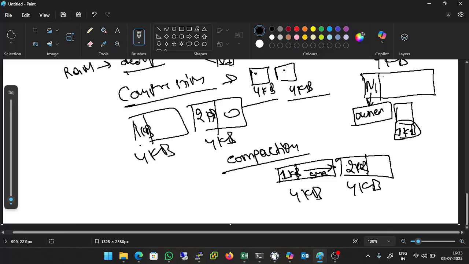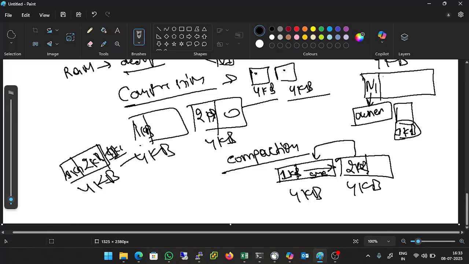What compaction does is insert this data inside the first block, making it a single 4 KB block. My data is 1 KB and 2 KB, and still 1 KB is left. So this is what compaction means, which runs after the compression, and compression runs after the deduplication.